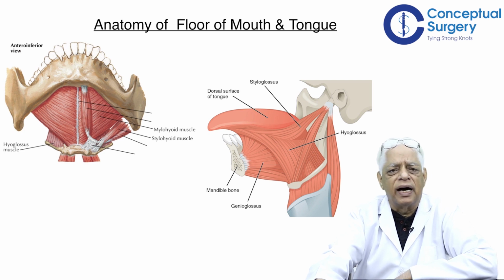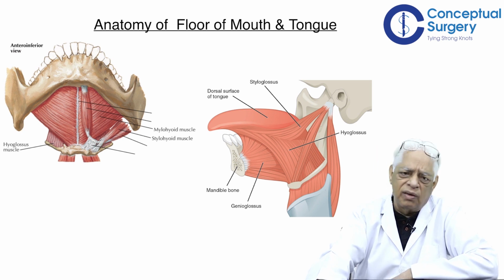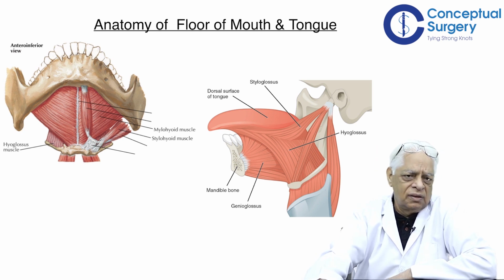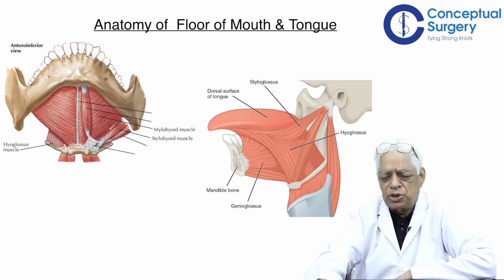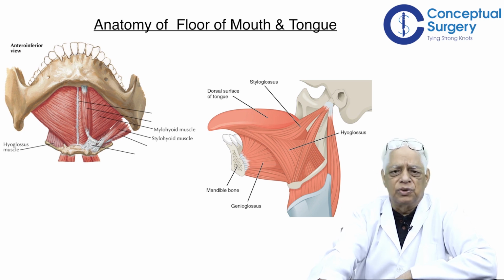I'm not going to cover triangles of the neck. I think it has been covered when we discussed block dissection of the neck, when we covered neoplastic lesions of the oral cavity.